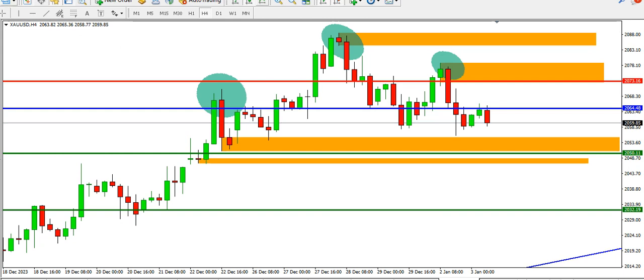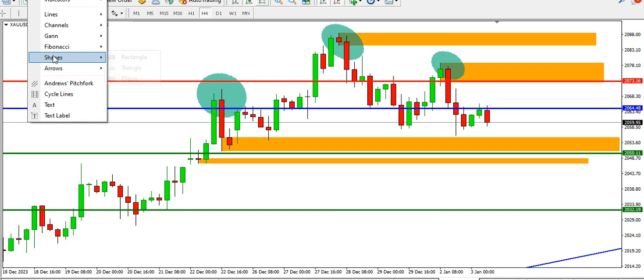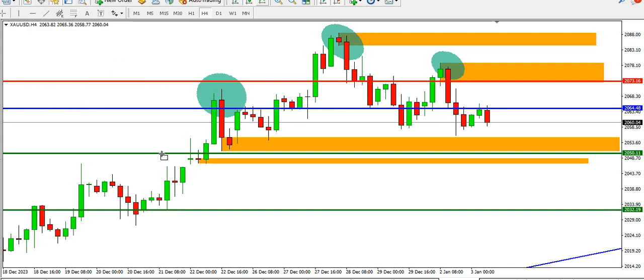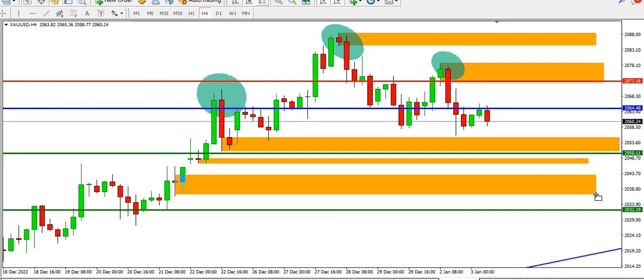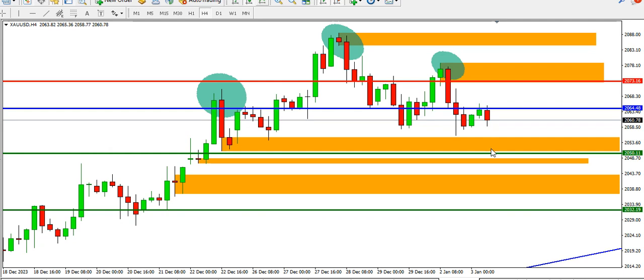Then we have another demand level close by around here, that's 2040. So we have so many buyers lined up below trying to take price. If price spikes downwards, buyers are waiting to push price back upward. Of course, we have this supply area here, and we have another supply area here.